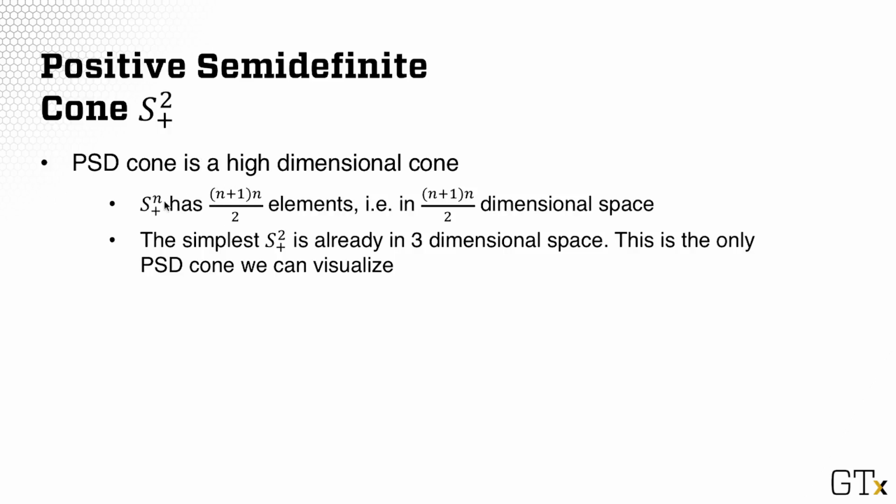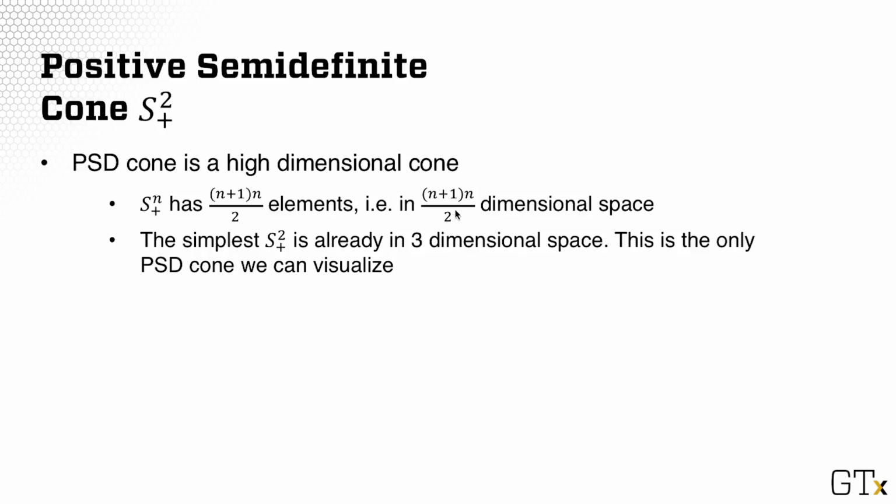So an n by n symmetric matrix will have n times (n plus 1) divided by 2 elements. These are all the upper diagonal elements. So S^n_+ is an n(n+1)/2 dimensional space. It is pretty high dimension.